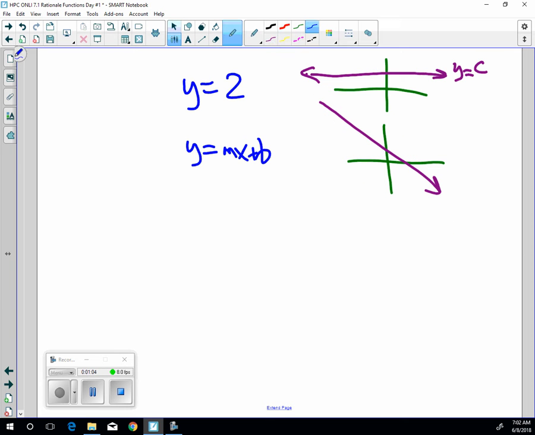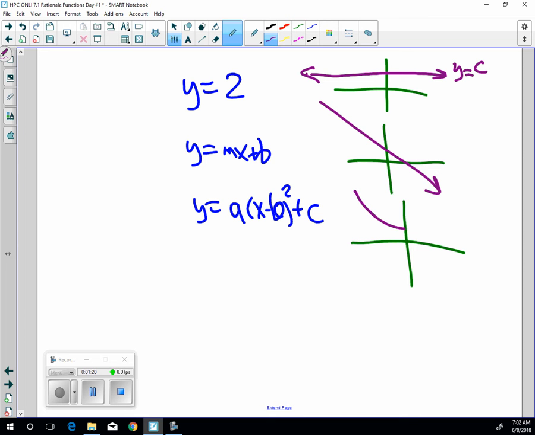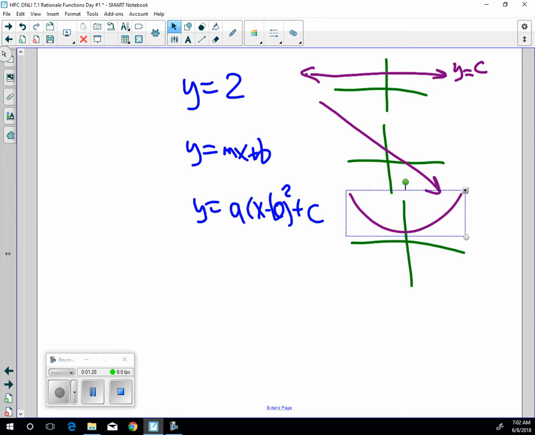Then we got to y equal to a(x minus c) squared plus d, and that's just your parabola. Your quadratic or parabola is going to be able to move up and down. We looked at the quadratic formula, and if b squared minus 4ac was 0, it was touching somewhere along the x-axis.